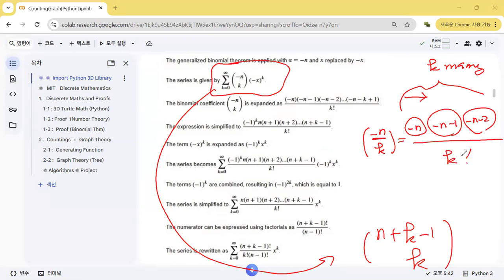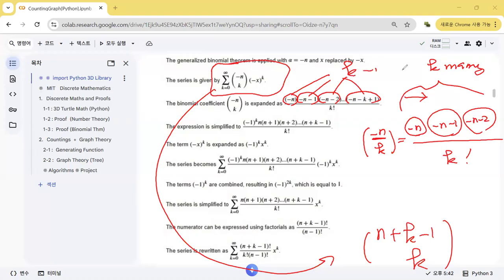Okay. So look at this. Minus n minus 1, minus n minus 2. The last one is minus n minus k plus 1. So how many quantities in the numerator? There are k many.